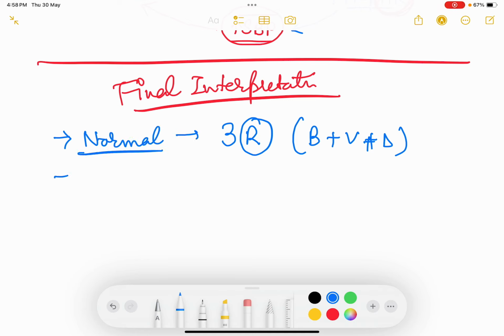Okay, it is normal. But if one is non-reassuring, that is in the second row, and बाकी दोनों reassuring हैं, then हम बोलेंगे कि it is a suspicious CTG.